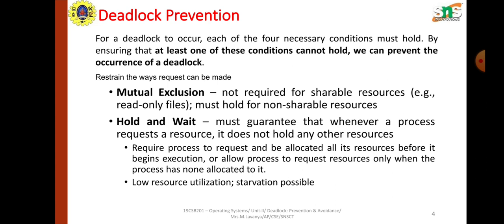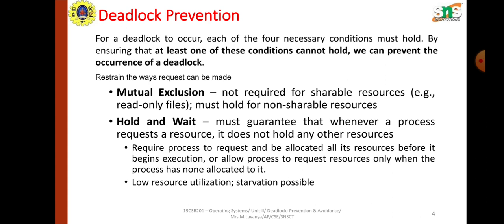To exclude this condition, we take a scenario in which the requested resource could be in a shareable mode, and when it is a read-only file, it is not required to be mutually excluded. That is, shareable files might be shared.